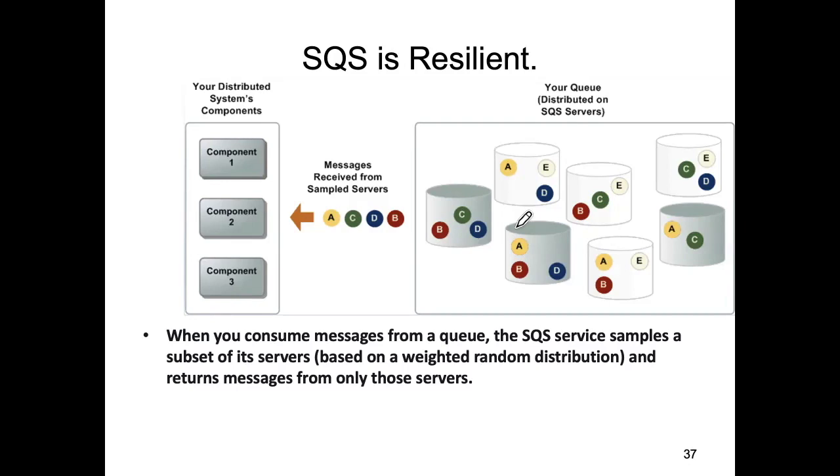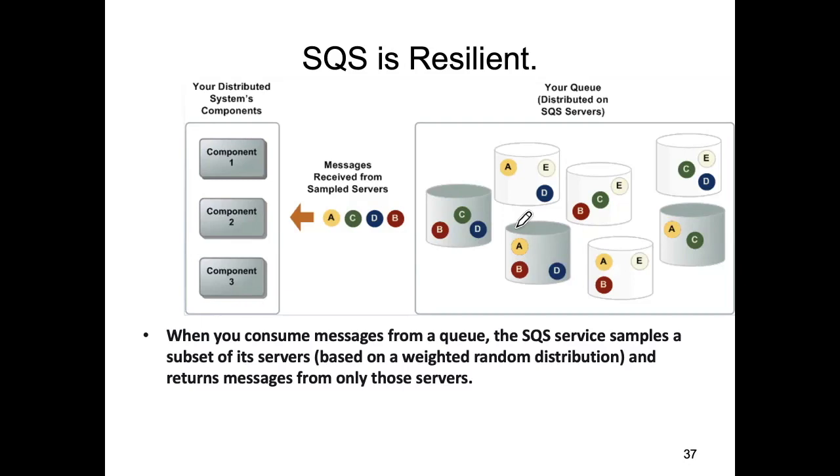That's the first point I'm trying to get across on this slide. So we're showing a queue, and it has a number of messages in it titled A, B, C, D. But those messages are actually persisted onto multiple servers scattered across a particular AWS region, and obviously scattered across the AZ zones within that region.